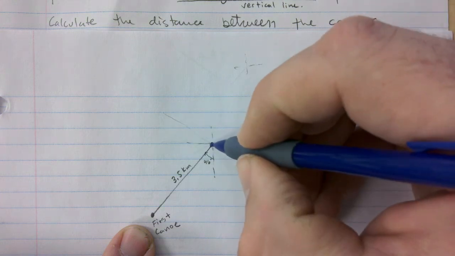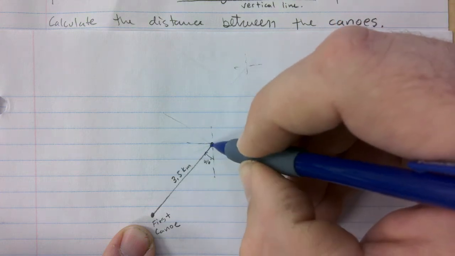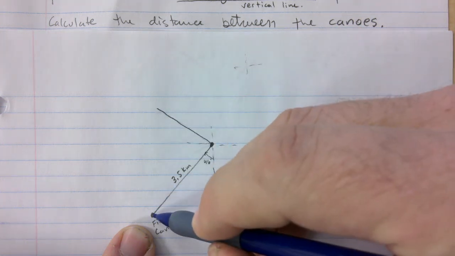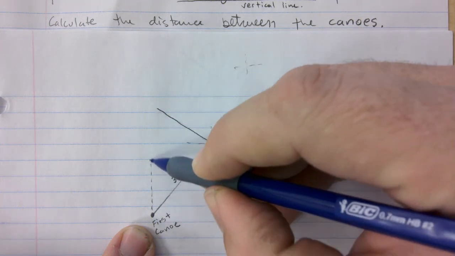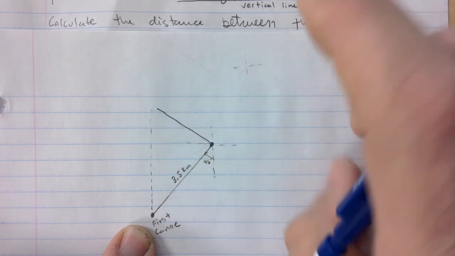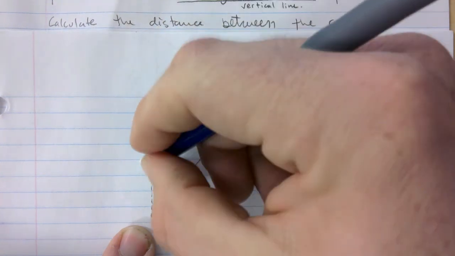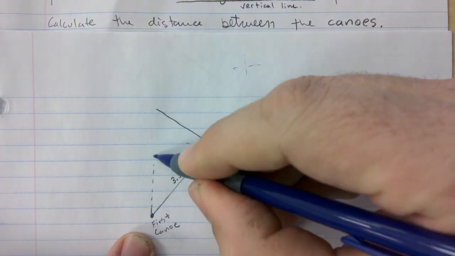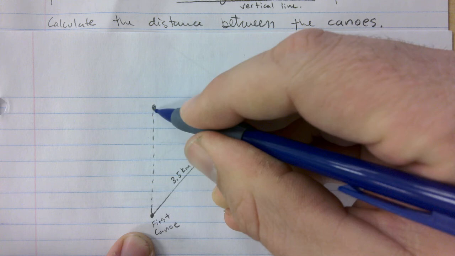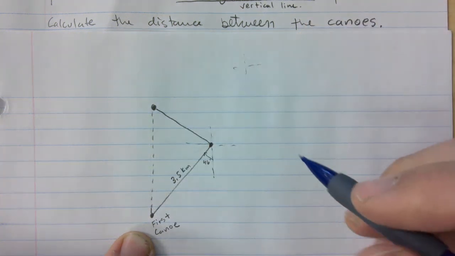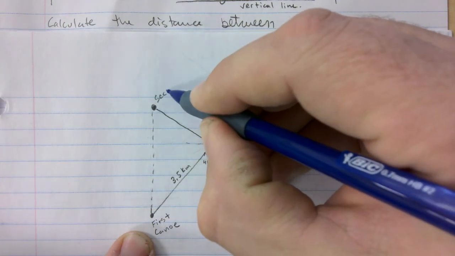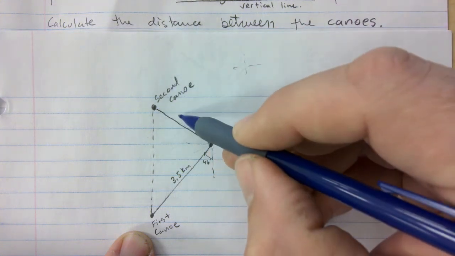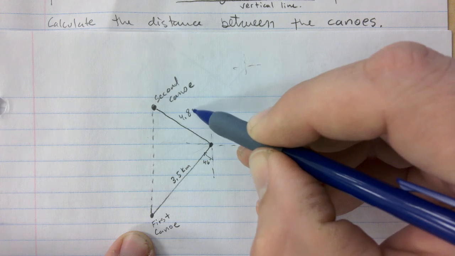It doesn't matter which way you go, but I'm going to go this way. And I'm perfectly lined up. Like if this is the north-south line, it's not straight, sorry, I'm going to redo this. It's perfectly lined up. So in this case, you can make that assumption that the two canoes are right on top of each other like that. Second canoe. And we also know that it was 4.8 kilometers.